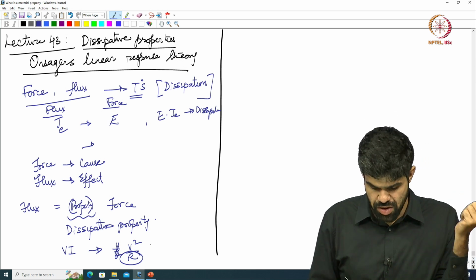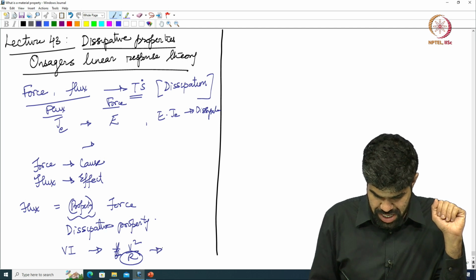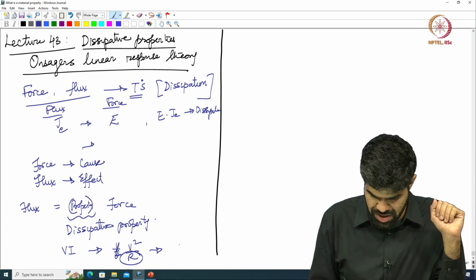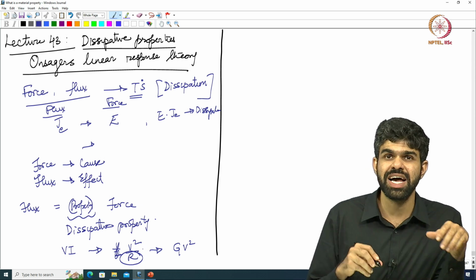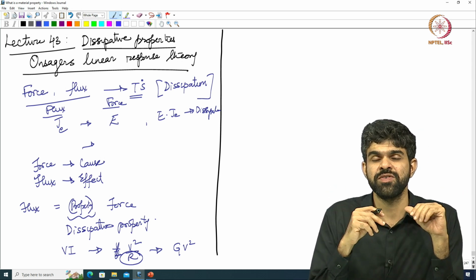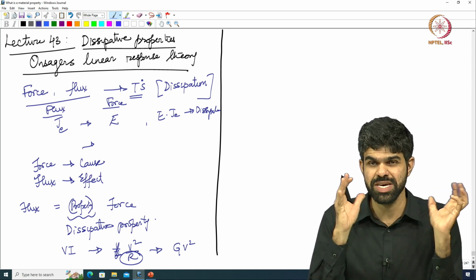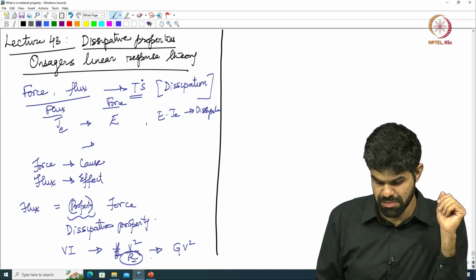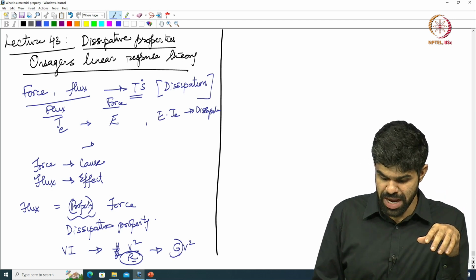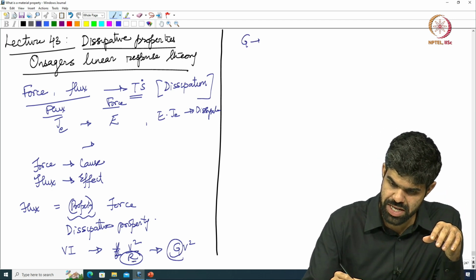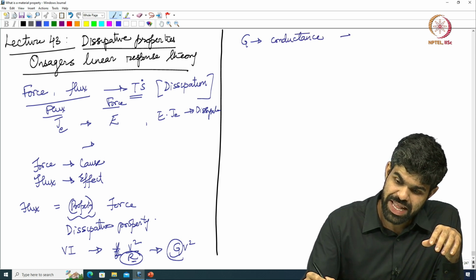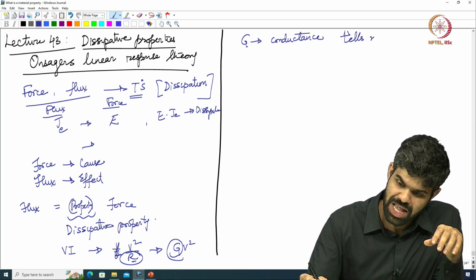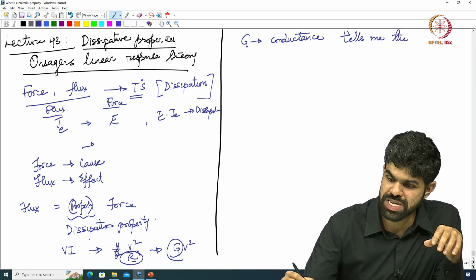Larger the resistance, or in other words, if I am going to write it in terms of conductance, right, it is G V square, right. So if I am just assuming that these R's and G's are some form of scalar quantities or in isotropic materials, right, so I do not worry about them being tensors, then the magnitude of G being the conductance, tells me the magnitude of dissipation.